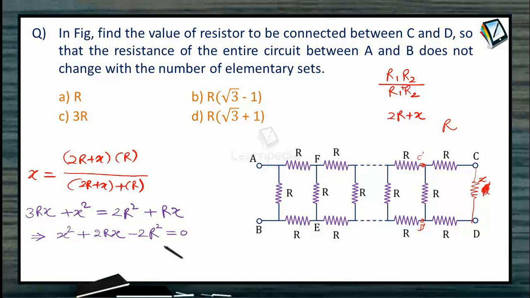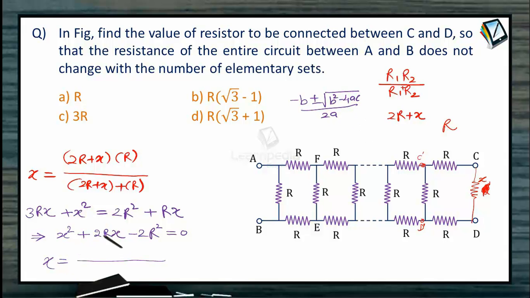So this is the equation for X. We know that for an equation AX square plus BX plus C equal to 0, the solution is minus B plus minus under root B square minus 4AC divided by 2A. And you know all these terms here.